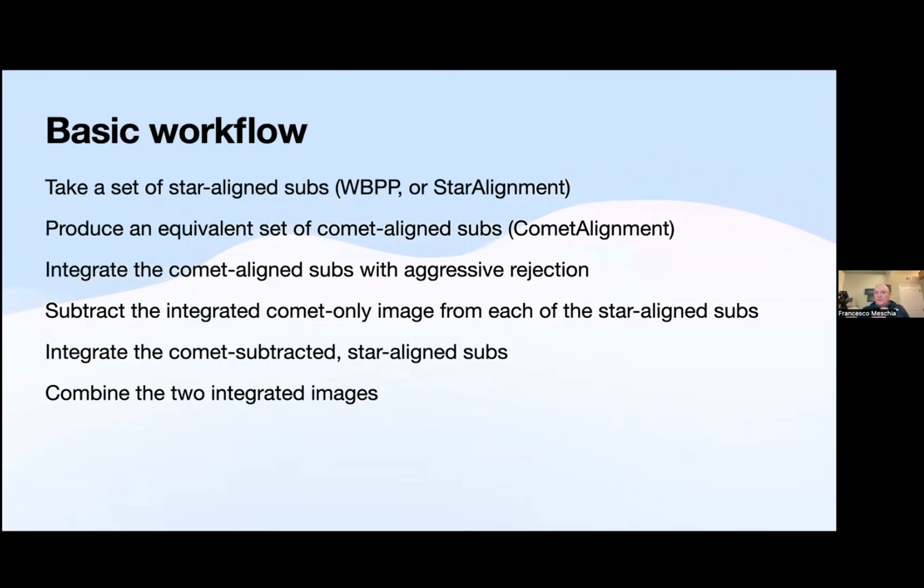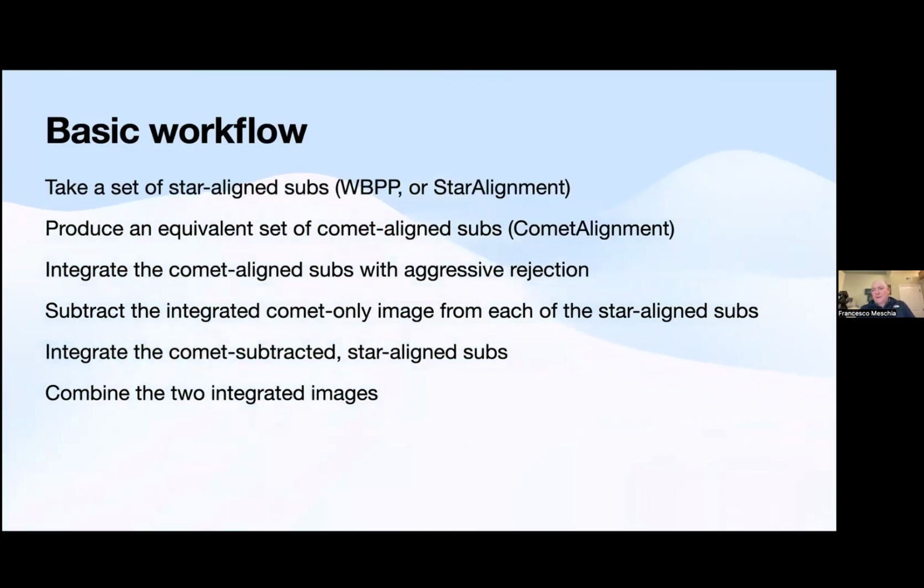The idea of the traditional workflow, the one that you see documented in all the sites that refer to PixInsight, is that you take a set of star-aligned subs. So you calibrate, you register just like you would do for deep sky objects. You can use weighted WBP or star alignment manually, as you prefer.